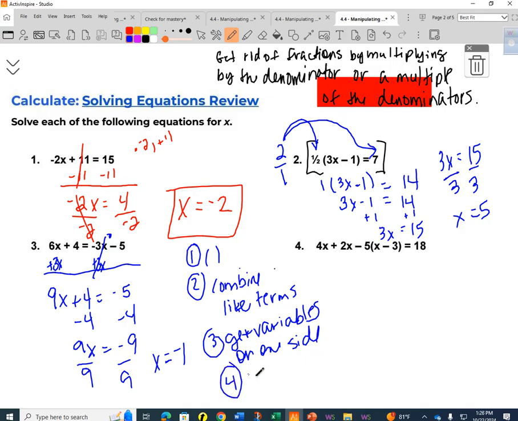And then the last thing would be to solve, and that means isolate the variable.